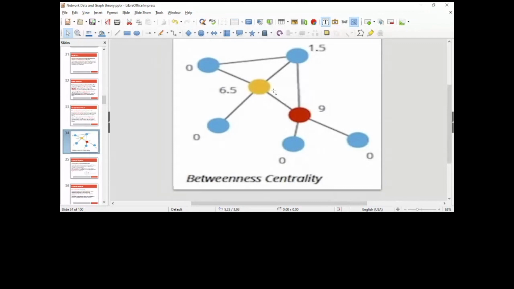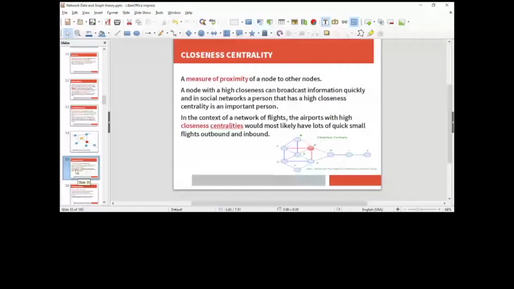Now you can see that this is shorter than this. So this is your betweenness centrality. This is how we calculate distance. You understand?